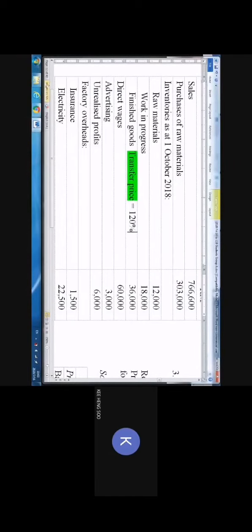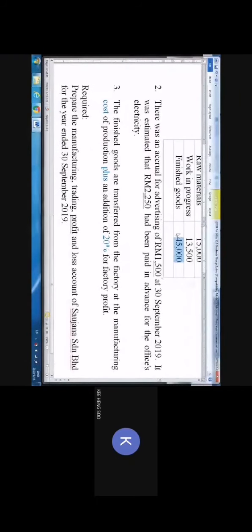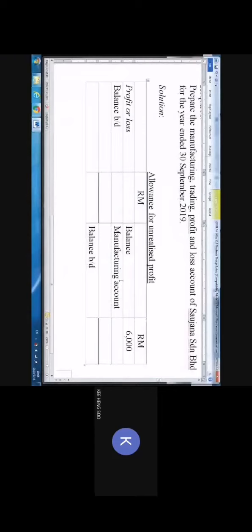Similarly to the closing inventory, this closing inventory is also a transfer price. So I can get my unrealized profit here. This balance, how I get it: 36,000 times 20 over 120.